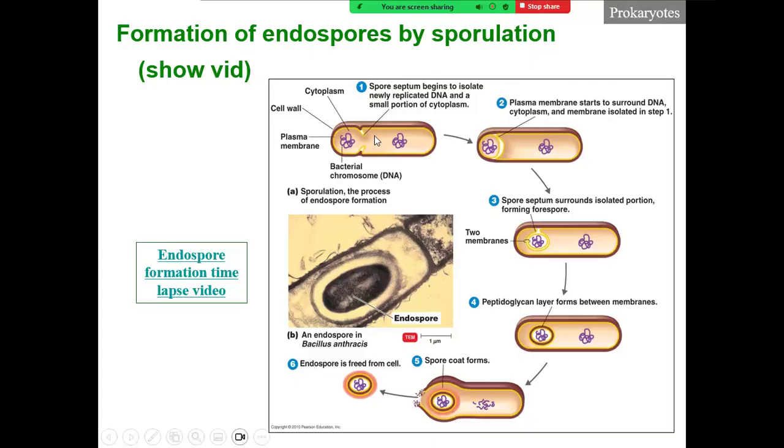And then the cell will begin dividing in two, but it doesn't split down the middle. It makes a smaller portion and a larger portion. The cell will then grow a plasma membrane in between the two DNA molecules, forming a smaller cell and a larger cell.